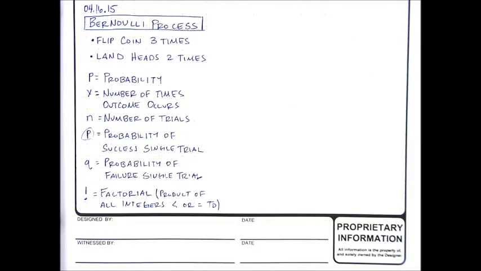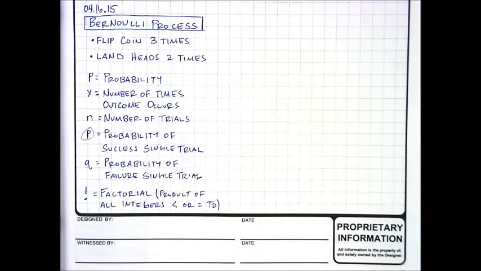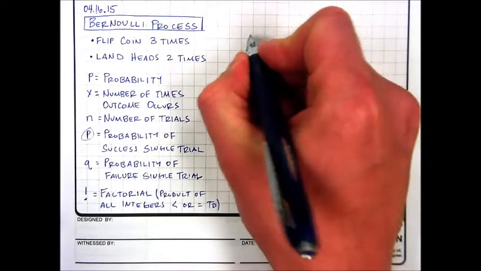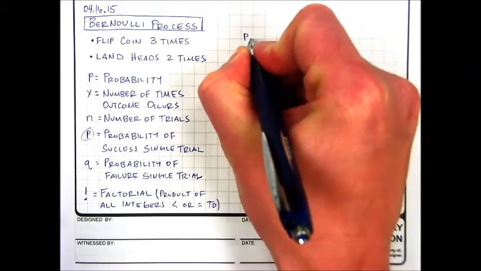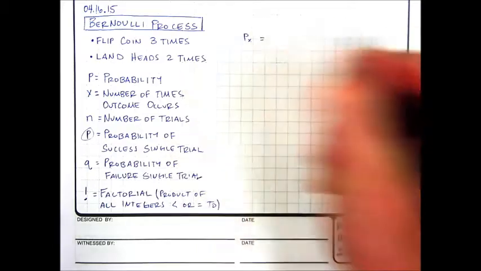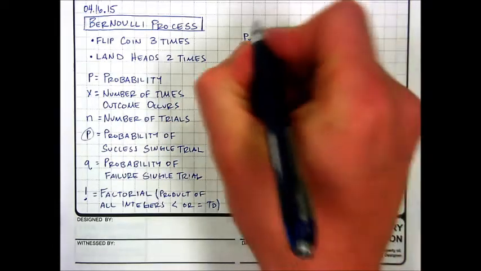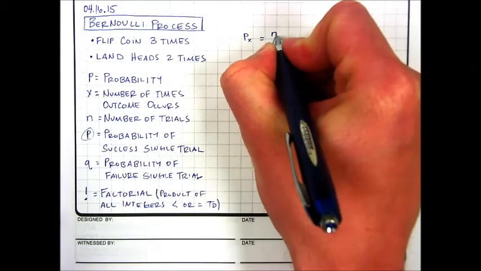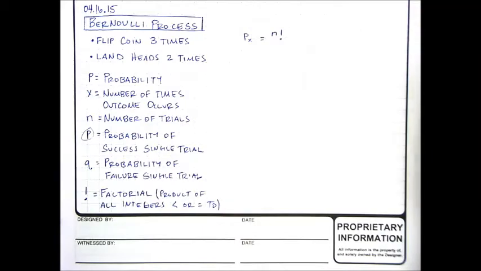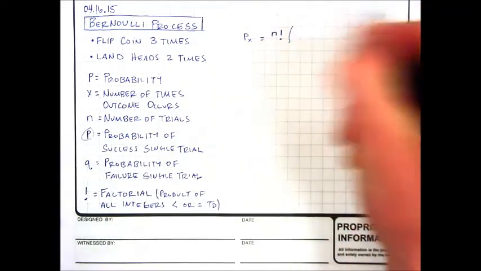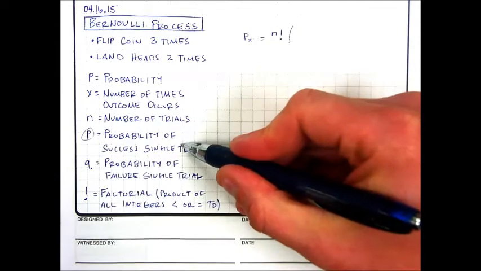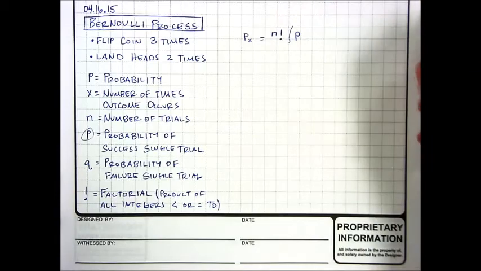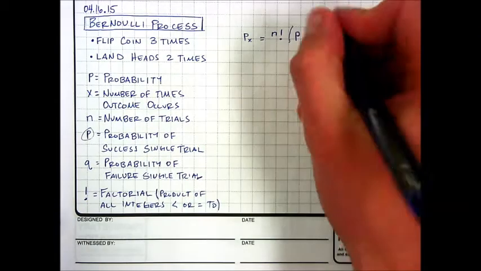And so to calculate that, like I said, we're going to use the Bernoulli process. The variables for that are listed right over here. I'll go ahead and write out the formula. The probability of x, of this happening, of it landing on head 2 times, is equal to the factorial of the number of trials times the probability of success on a single trial to the number of times the outcome occurs.